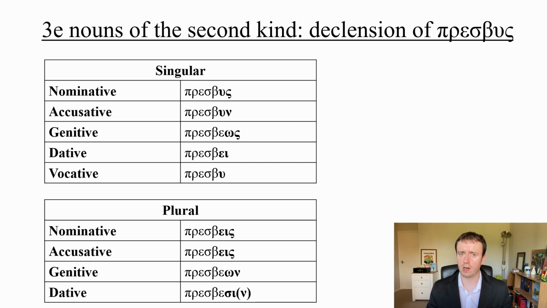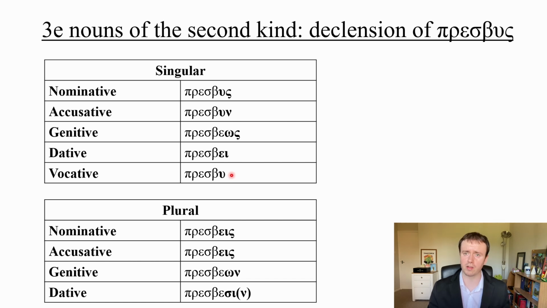Now if we've learned how 3E nouns of the first kind decline, this should be very easy, because presbus declines just like polis, except in the nominative singular, the accusative singular, and the vocative singular, we have upsilon instead of iota.